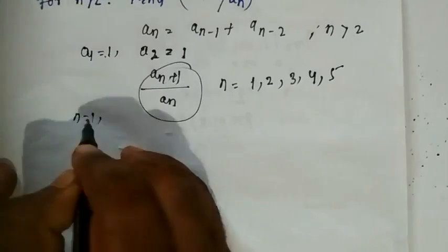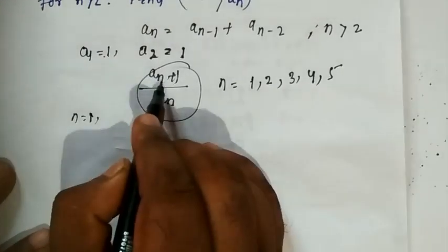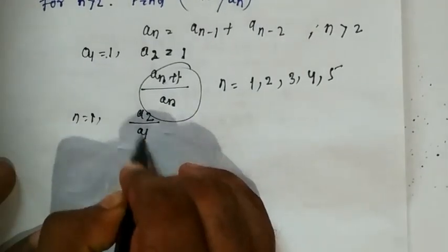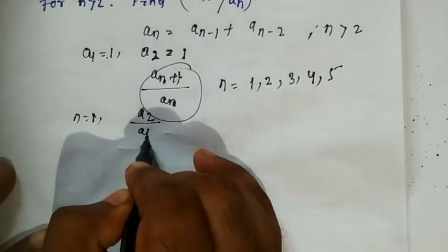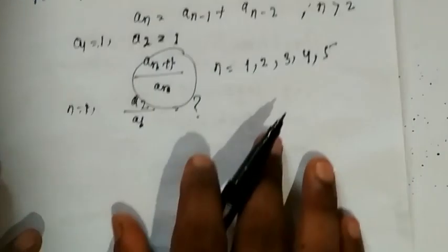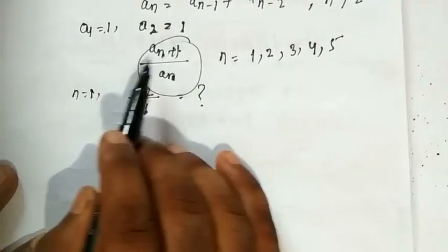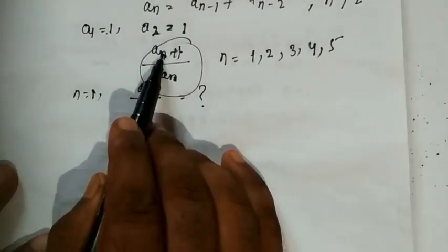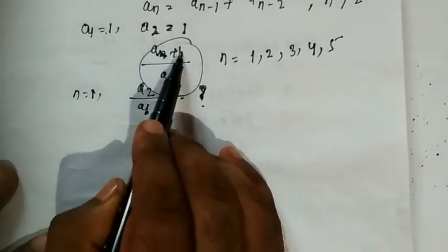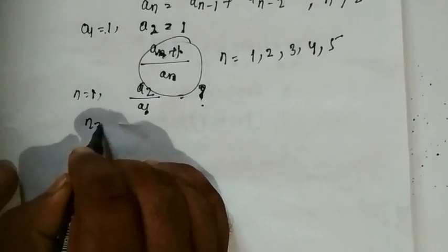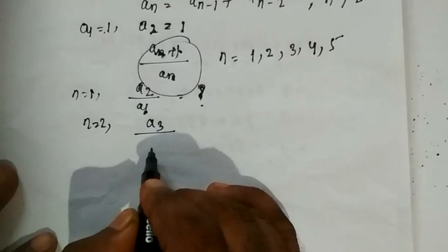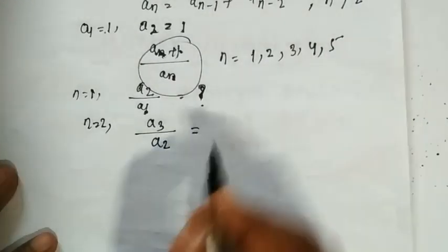If n is equal to 1, what do you need to find here? 1 plus 1 is 2, so a2 by a1, because in place of n I can write 1. You have to find a2 by a1. Similarly, if we take n is equal to 2, so 2 plus 1 how much? 3. So when n is equal to 2, a3 upon a2 you have to find.